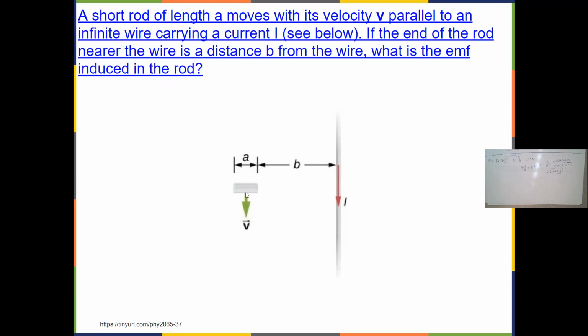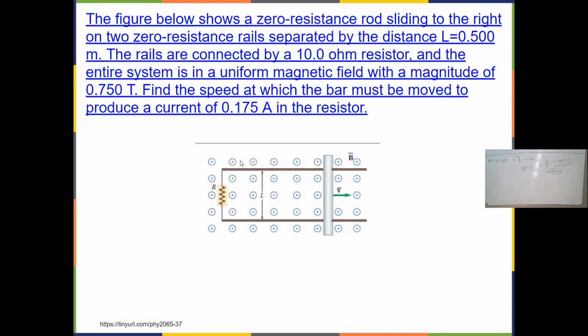Now this is slightly different from what we've seen in the previous problem, where you have a rod that is moving on this guy, right? In that case, you will have induced EMF here, so then this can be used as a power source to power the circuit.